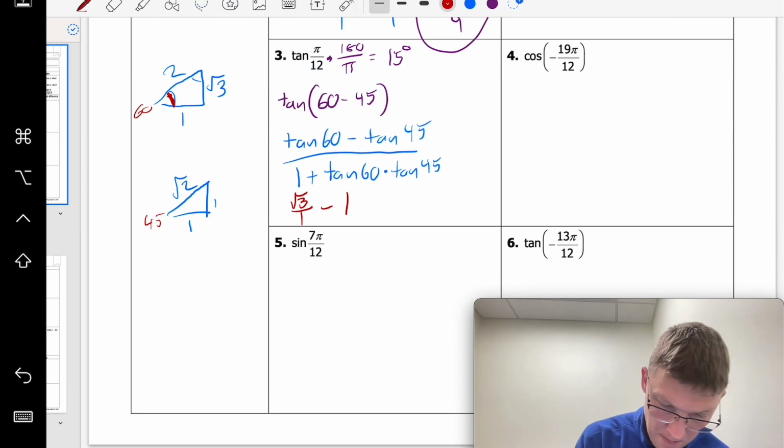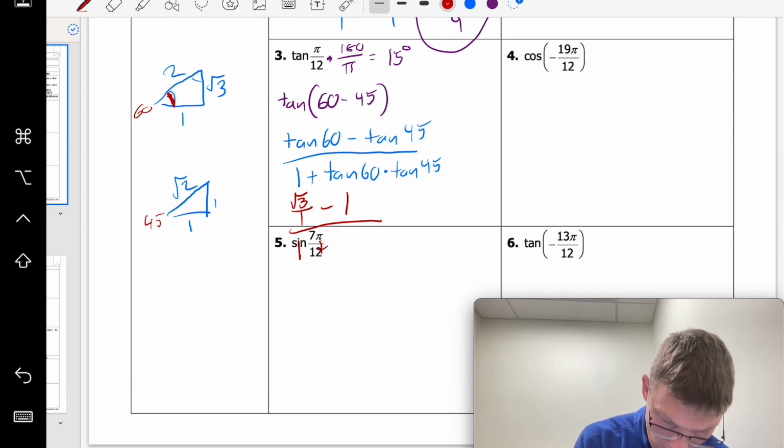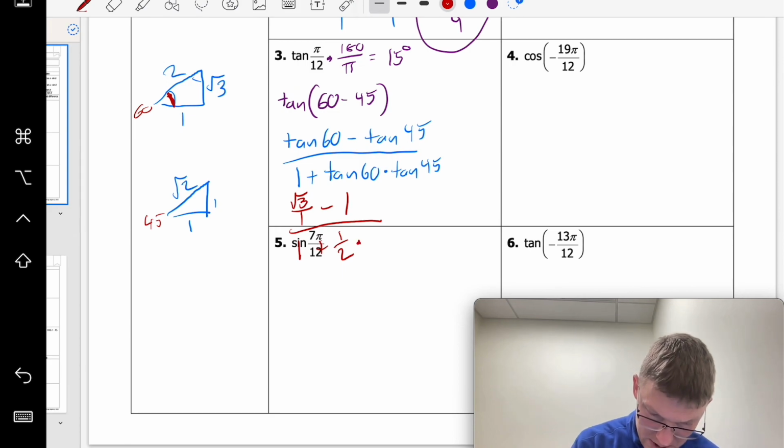Whatever, we'll keep going. And that's all over 1 plus tangent of 60, and I'm going to move this so you can see this better in just a second. Tangent of 60 is 1 over 2, and then times tangent of 45, which is 1 over 1.